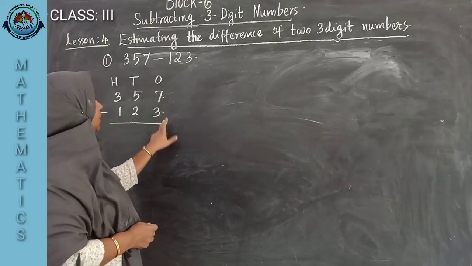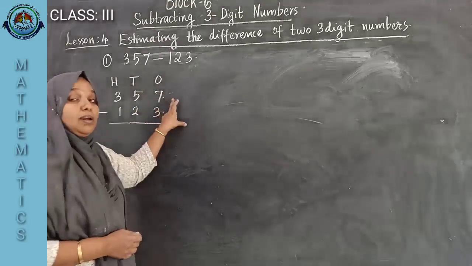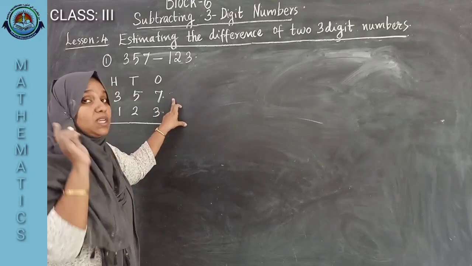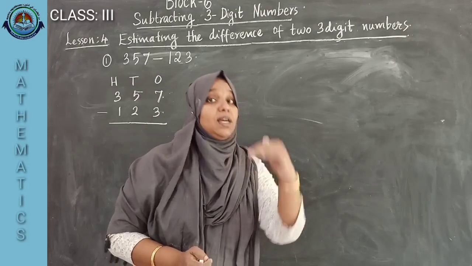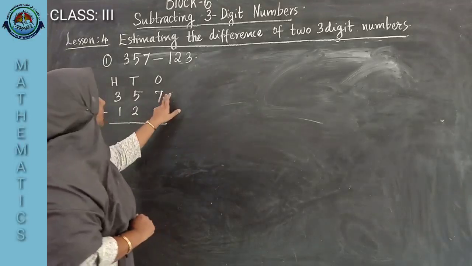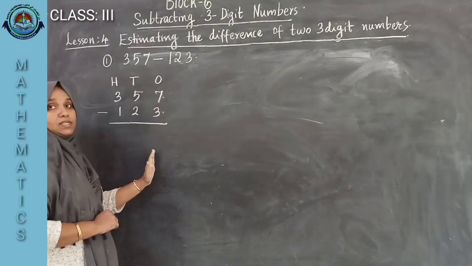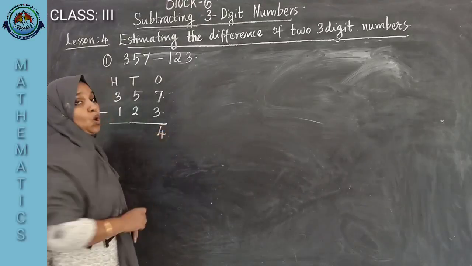7 minus 3. When we do the subtraction, we have to write the bigger number first. Always keep that in your mind. Do the subtraction from the ones. 7 minus 3 is 4.